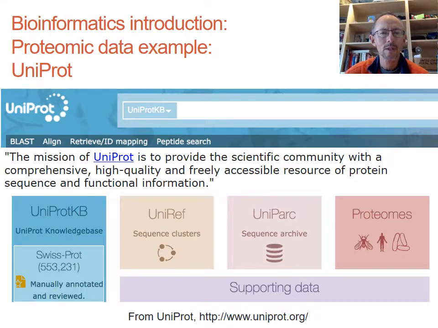The fourth data resource example is UniProt, which is a proteomic data example, but as we understand from the central dogma and the flow of information from genes to proteins, although it's a proteomic resource, very closely related to genes. In fact, in many cases, we use gene names and genes to refer to both a gene and its expressed protein.